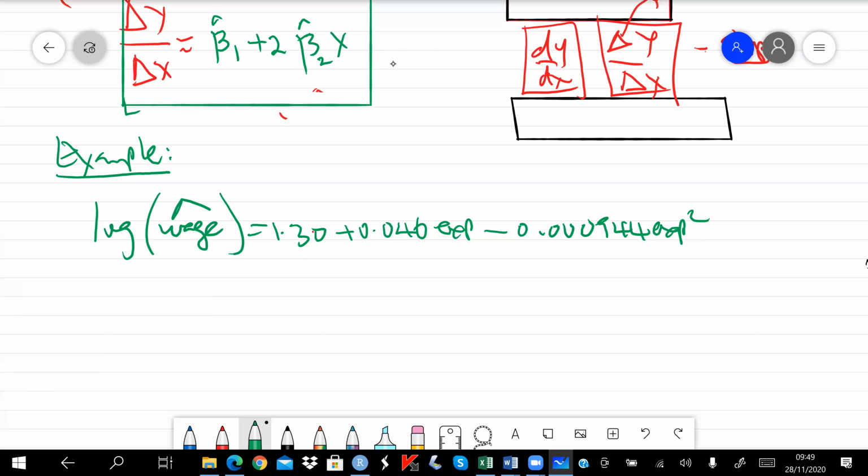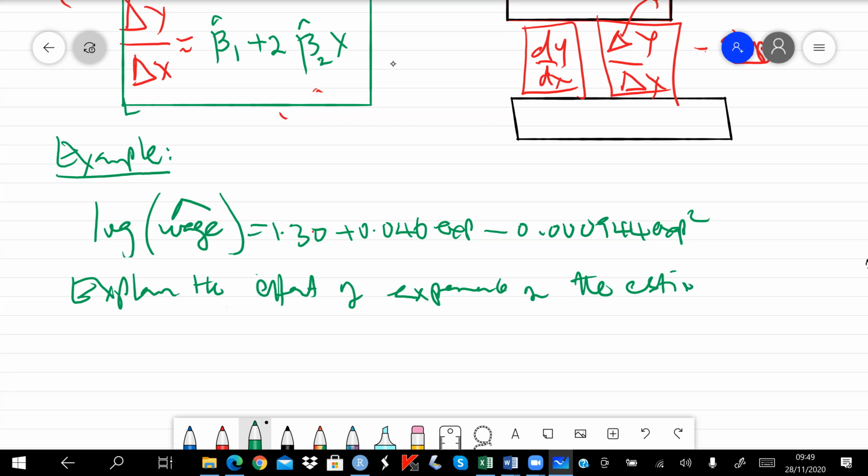Explain the effect of experience on the estimated wage.